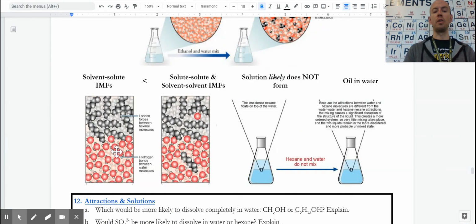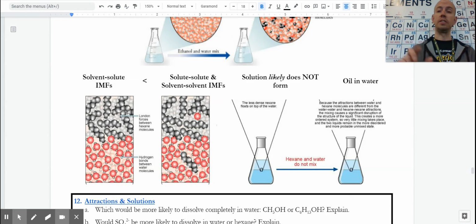Oil and water, or this is really hexane and water, do not mix. So here, the attractions between them, and sometimes we say there's no attractions between them. Here's some description, but there is an attraction. Water induces a dipole onto that hexane, or it would also work the same with oil. So there's an induced dipole to dipole attraction.